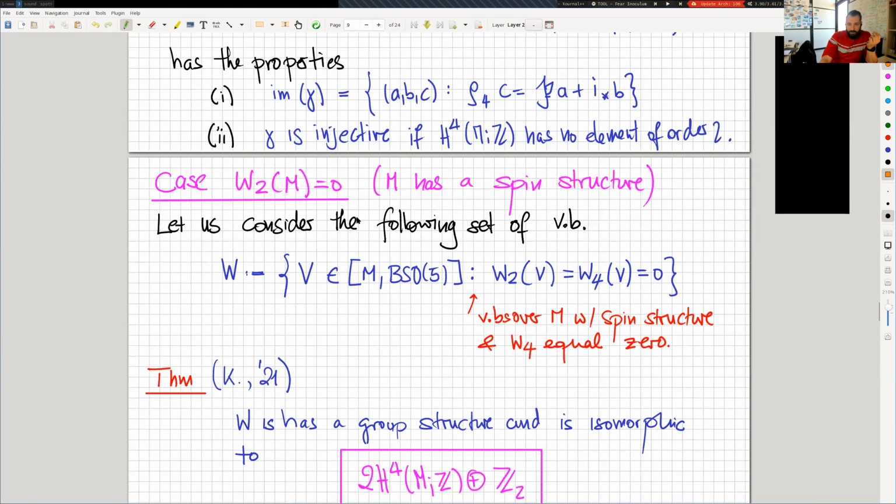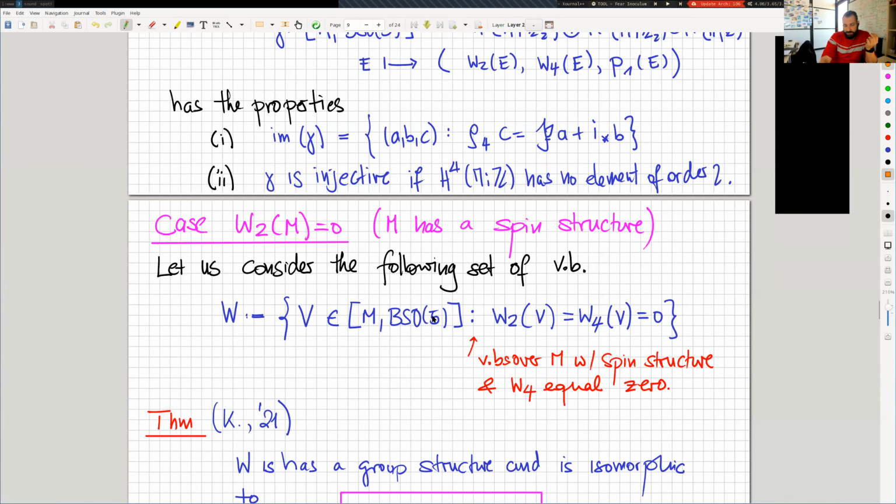And now I will not consider all vector bundles here. In my work, I considered all vector bundles, but I will consider this subcase, a subset of vector bundles, which are of the following form.